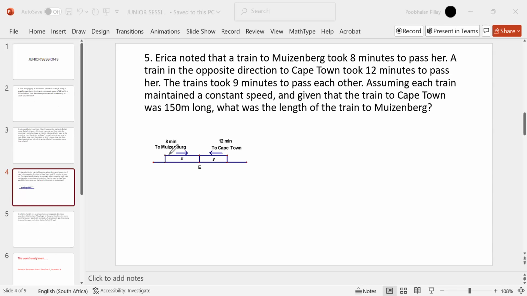She's standing here and it goes in this direction, right? And it takes 8 minutes for the train to reach the spot here, to pass it.